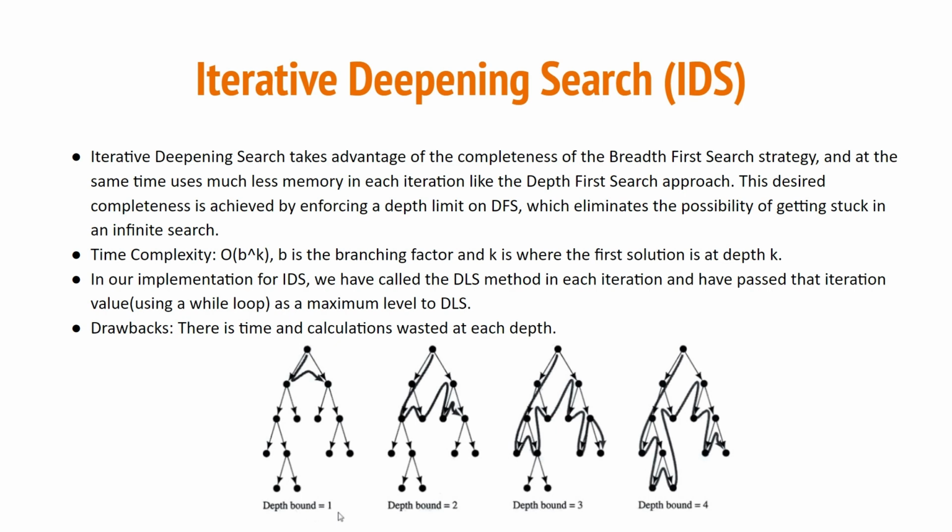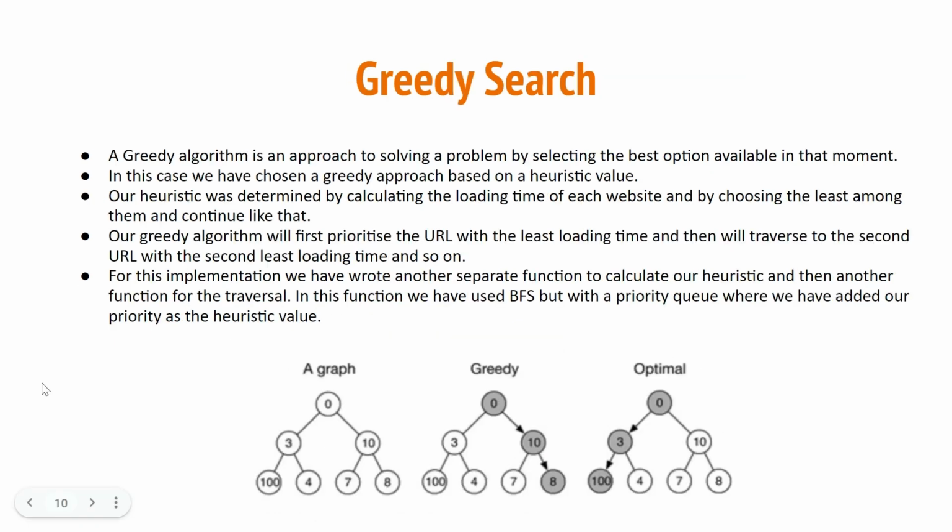So finally, we'll take a look at the greedy search. A greedy algorithm is a very popular approach to solving similar problems, where the graph traversal is performed using an algorithm which decides which node to traverse to at every transition based on a specified heuristic value, and it always tries to maximize its performance by choosing the best available option presented to it.